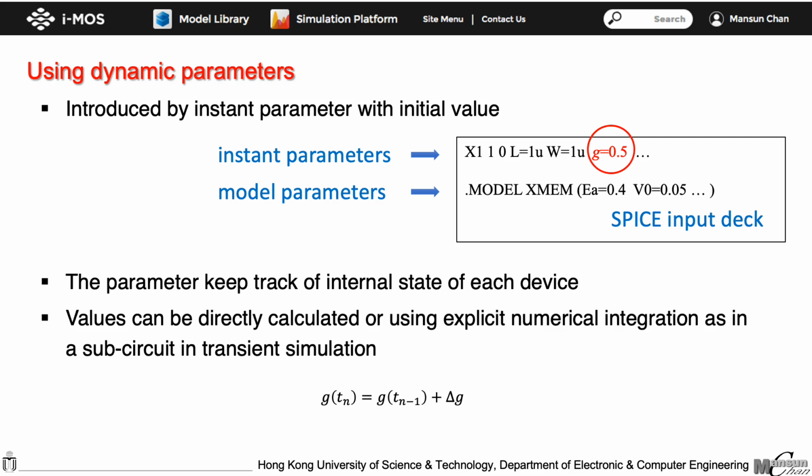For example, if backward Euler is used as the integration method, delta G will be given by the equation here. By calling the proper integration function in SPICE, it is going to produce the same results as in the case of the subcircuit approach.